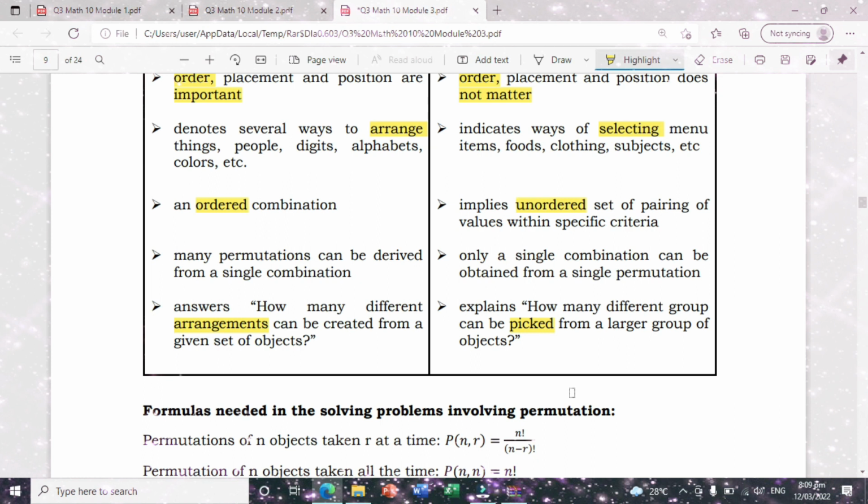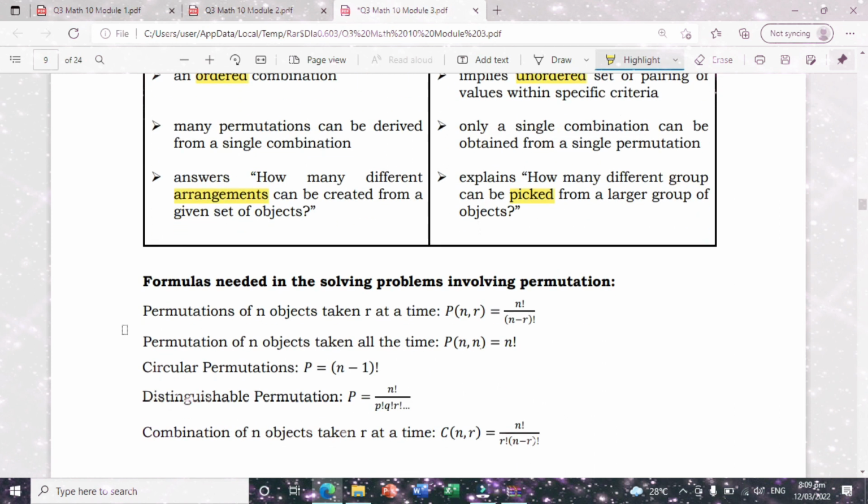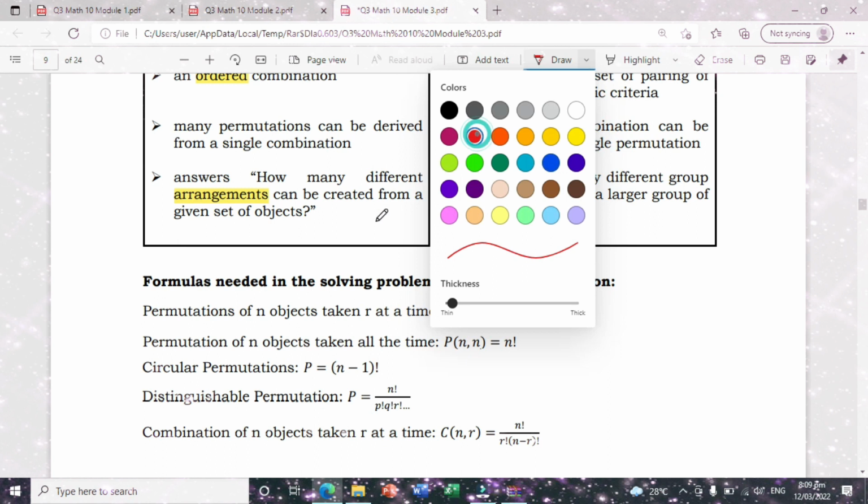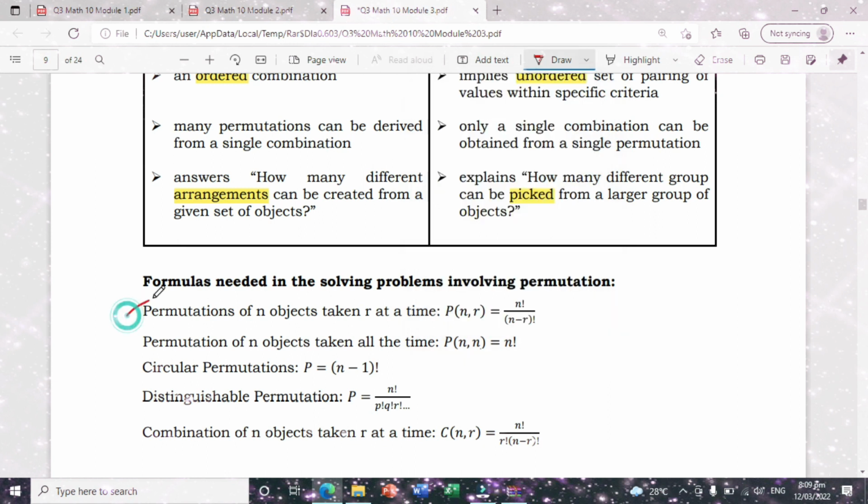O yan, combination. So, take notes of permutations. May 4 tayo na kinds of permutations. Na-discuss na natin yan sa Module 1. Meron tayong n objects taken r at a time. Hindi lahat ng nasa objects pwede mong kunin. Yan yung P(n,r). Permutation of n objects taken all the time, so pwede mong magamit lahat ng mga objects. Okay, so P(n,n) equals n factorial.